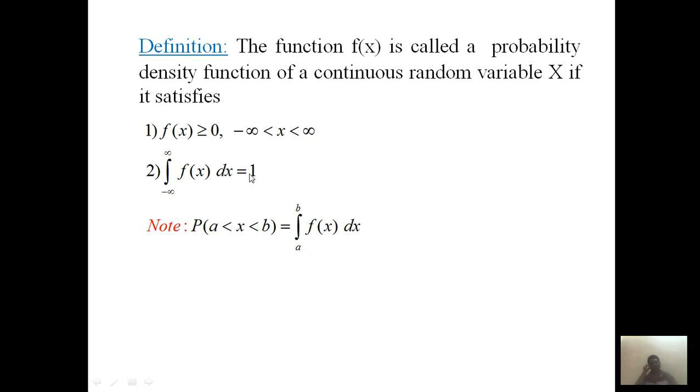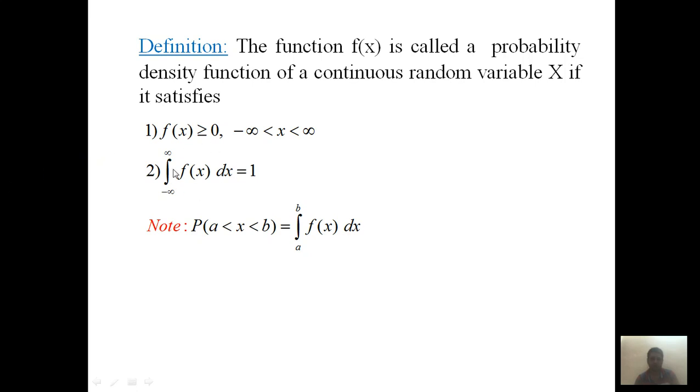It is just like the probability mass function in a discrete random variable. In a discrete random variable, we know that the summation over i from 1 to infinity of p(x) must be equal to 1.